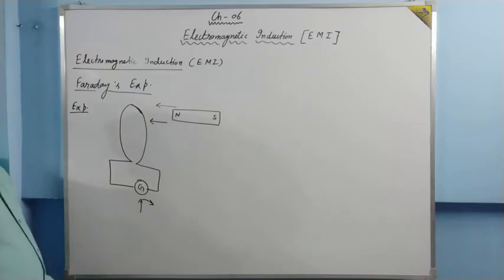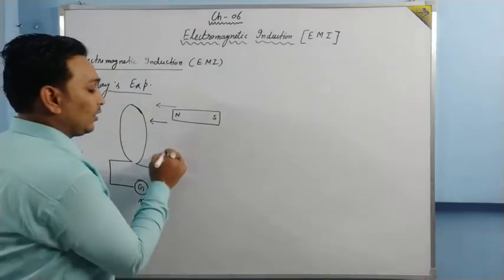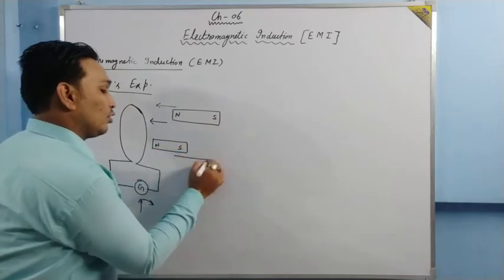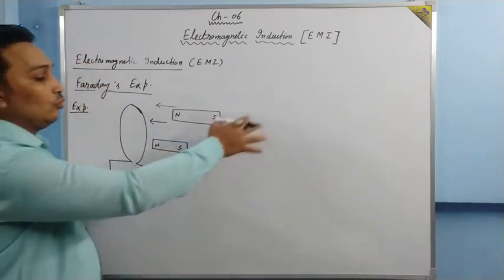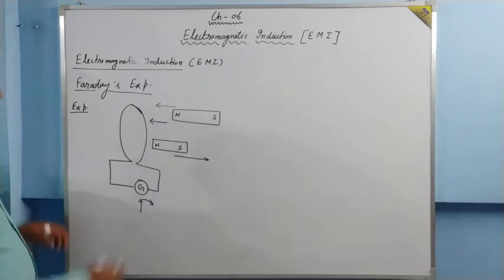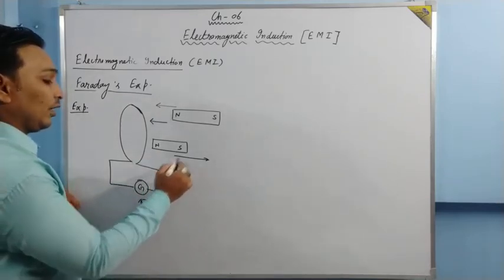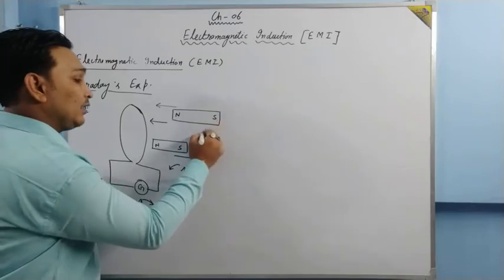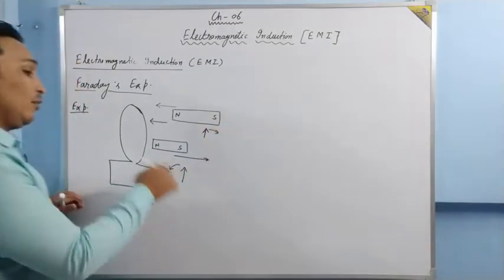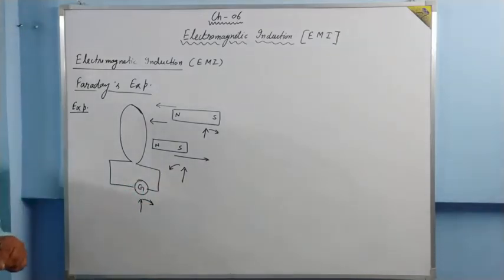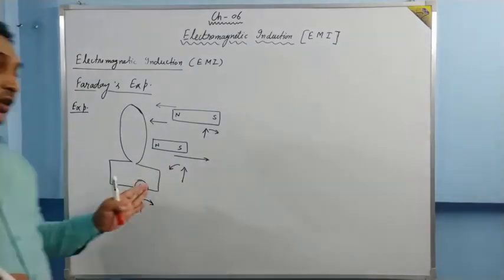Then Faraday made this magnet go away from the loop. In this case the galvanometer needle shows deflection, but the deflection is now toward the other side. When the magnet was coming towards the loop, the deflection was this side, and when the magnet is going away, the deflection becomes the opposite side.